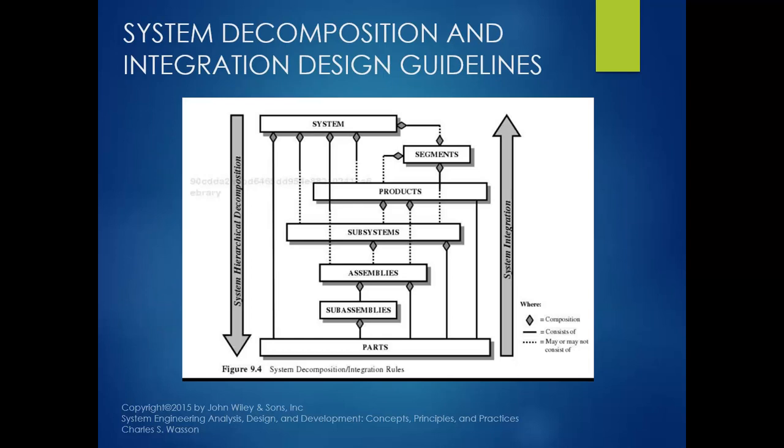And this is an example of a decomposition and the integration of the different elements. So again, we can look at the system, the segments within that system, the products, the subsystems, assemblies, subassemblies, and parts, and we can see how they integrate or work with each other through different relationships.